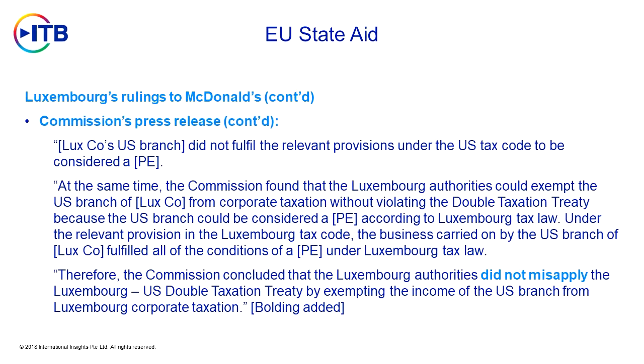Under the relevant provision in the Luxembourg tax code, the business carried on by the US branch of Luxco fulfilled all of the conditions of a PE under Luxembourg tax law. Therefore, the Commission concluded that the Luxembourg authorities did not misapply the Luxembourg-US Double Taxation Treaty by exempting the income of the US branch from Luxembourg corporate taxation.